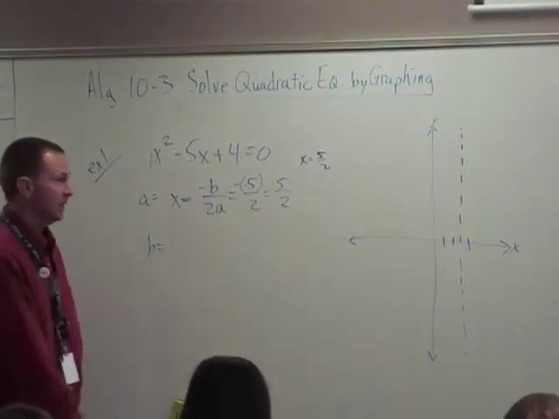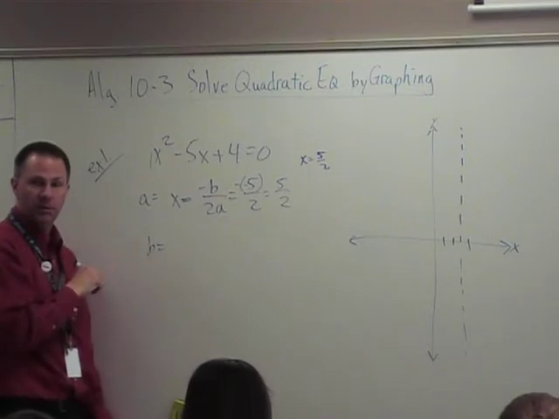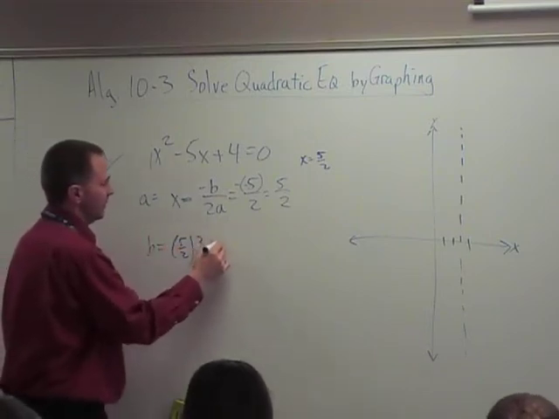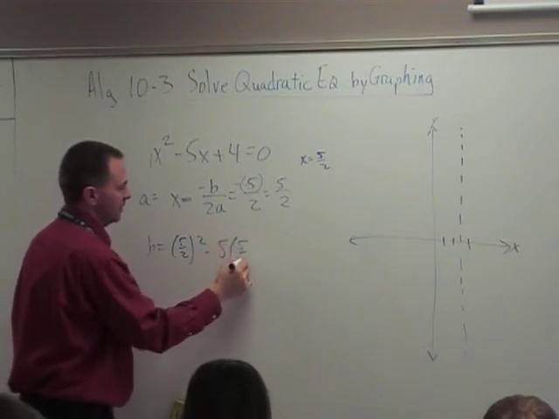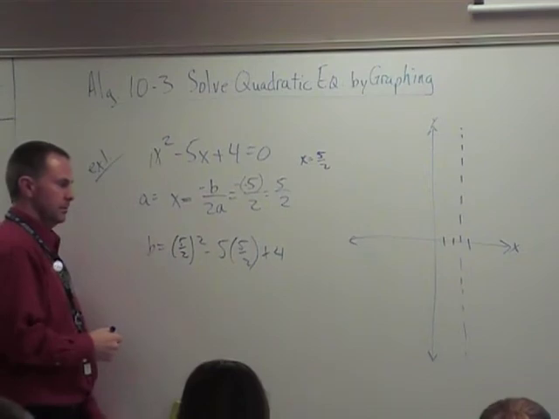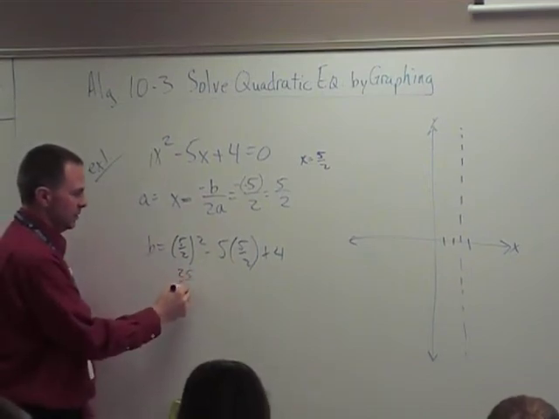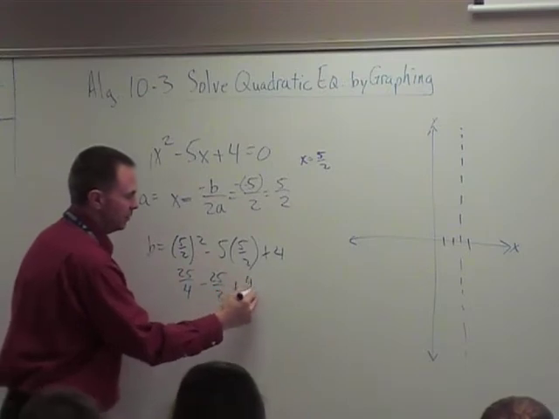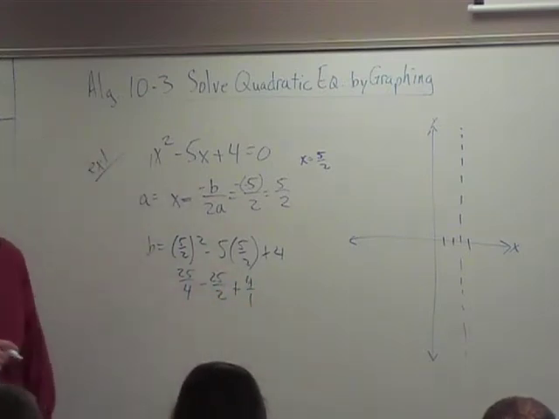So now to find the vertex, you got to take that value and plug it into your equation. So 5 halves squared minus 5 times 5 halves plus 4. That's 25 fourths minus 25 halves plus 4 over 1. Good so far?